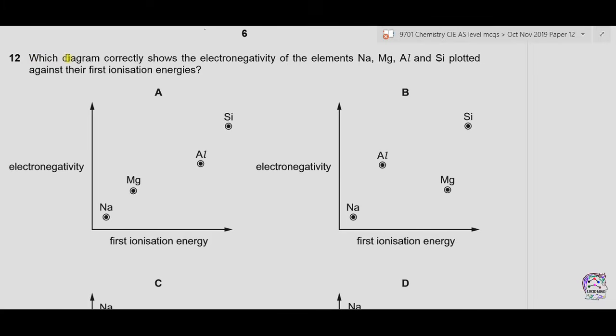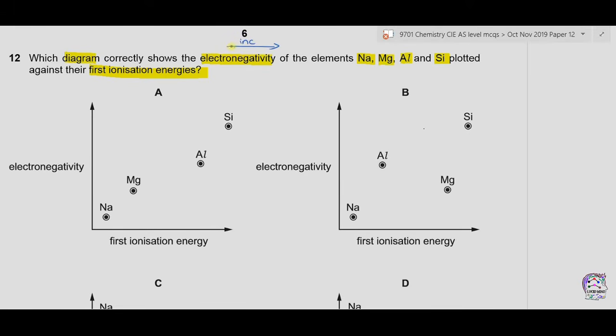Question number 12. Which diagram correctly shows the electronegativity of the elements sodium, magnesium, aluminum and silicon plotted against their first ionization energies? First thing is electronegativity. Now electronegativity is the tendency of an atom to attract a shared pair of electrons towards itself in a covalent bond, and we know that electronegativity increases with increase in nuclear charge.